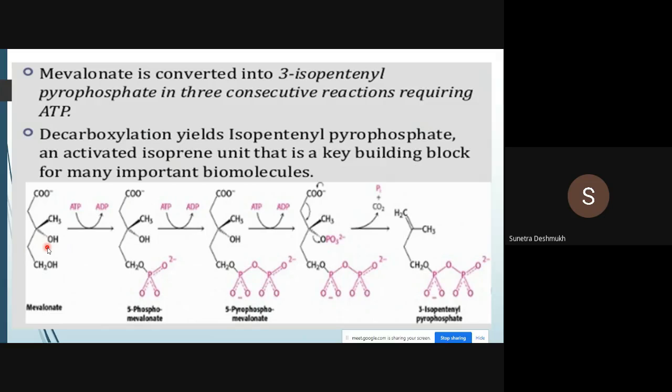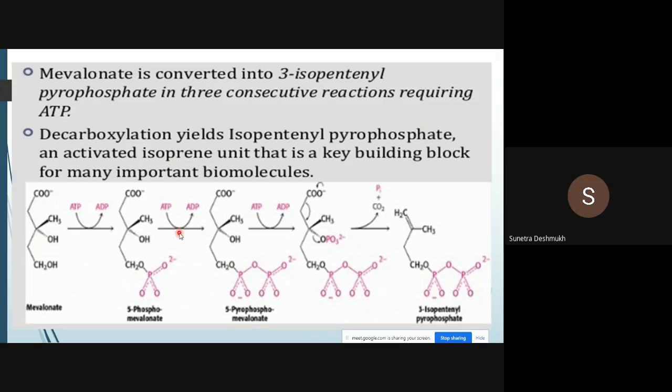It gives out ADP. So a phospho group is getting attached to the hydroxyl. The H from the hydroxyl group, the alcohol group, has been replaced by the phospho group, sorry, PO4.